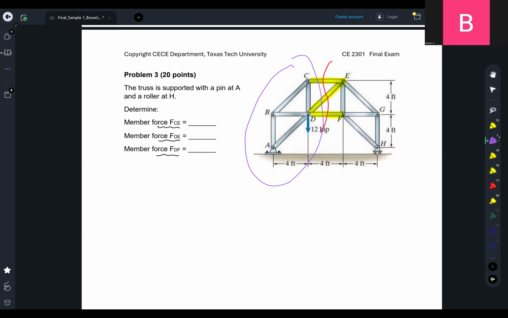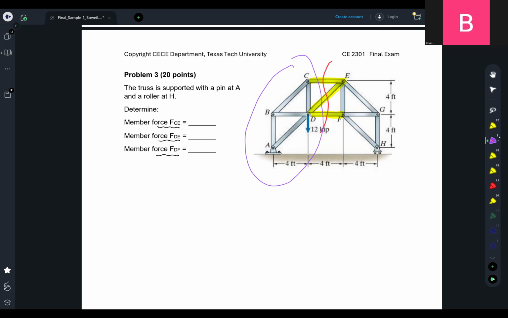But please note that for A, B, C, D here, we see that at A there's a support. And if there's a support, we have reaction forces here, right? Do we know the reaction forces here? We don't know them directly, right? So we are going to solve for them.